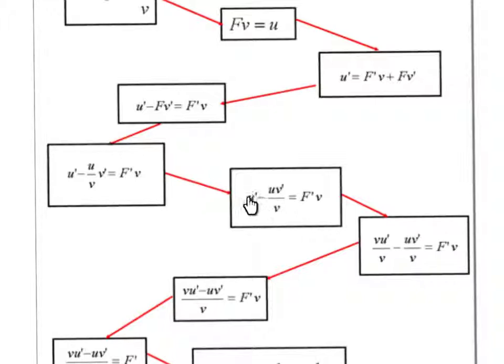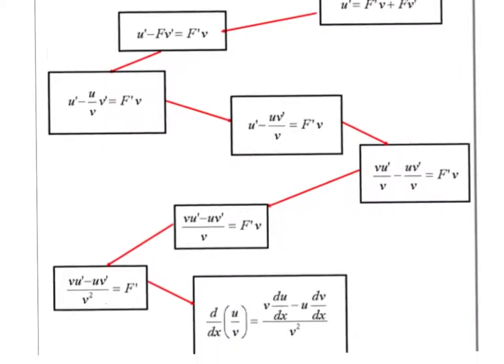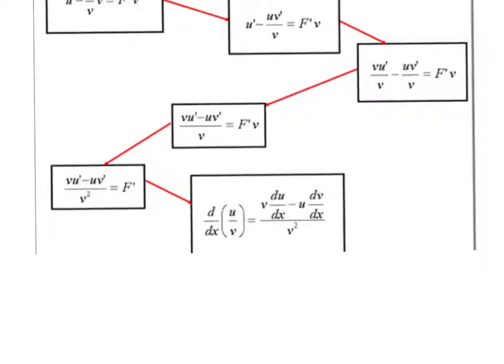Then I get a common denominator right here. V times u prime over v minus u times v prime over v. I can rewrite that this way because they have a common denominator. I just find the difference in the numerator, divide by v. You'll notice I still have f prime times v. So I divide both sides by v. That's how I get the v squared.